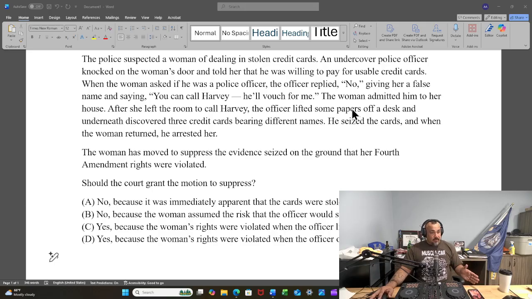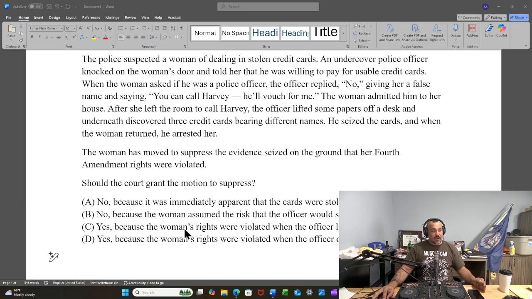Well, he would need a search warrant, which, in the facts, he doesn't have. There are no facts to suggest he has a search warrant. So one, there's no probable cause to believe that there are stolen credit cards underneath that stack of papers on the desk. And two, there's no search warrant saying that he could search there. So, bam, we know that this is a possible correct answer, because her rights were violated.